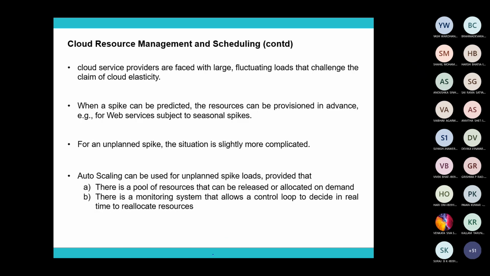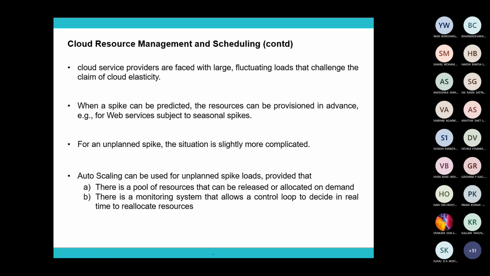Now, what is the main problem with respect to cloud resource management? Cloud service providers are faced with large fluctuating loads that challenge the claim of cloud elasticity. One of the features we talk about is that the cloud is elastic, in the sense that based on any workload you can increase the resource.